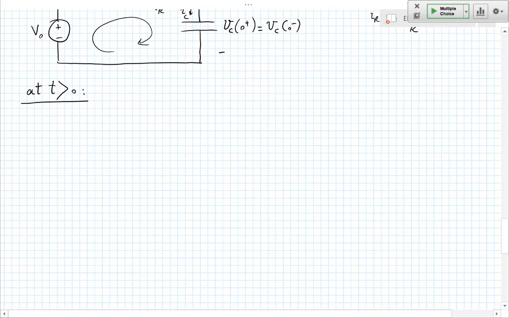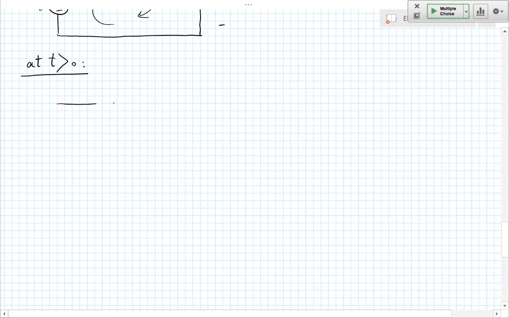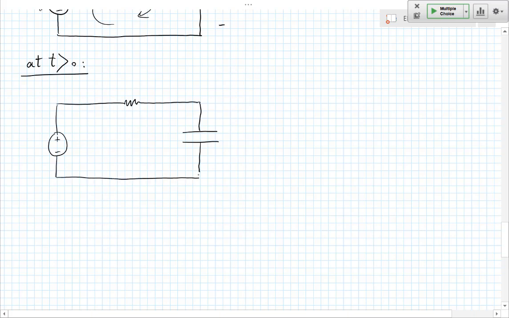So I'll draw the circuit here for the reference again. Now this Vc is not Vc of 0 minus anymore. It's going to change. It starts from that, but it's going to change.